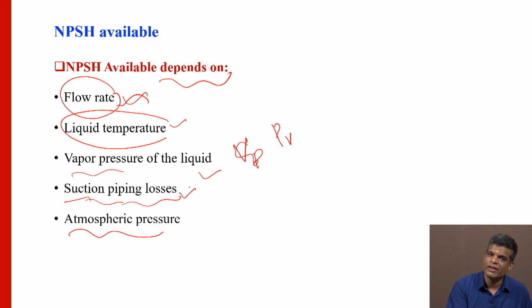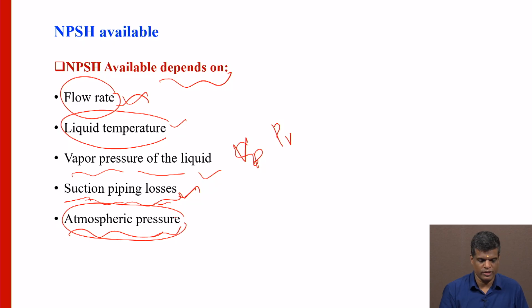Because there is a difference between vapor pressure and suction pressure, we have to take all of these. So, the net positive suction head available mainly depends on these variables.